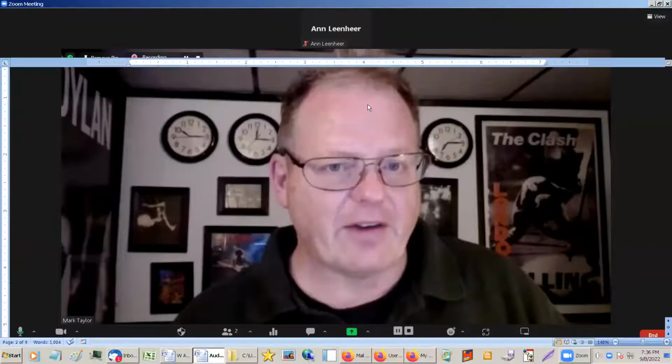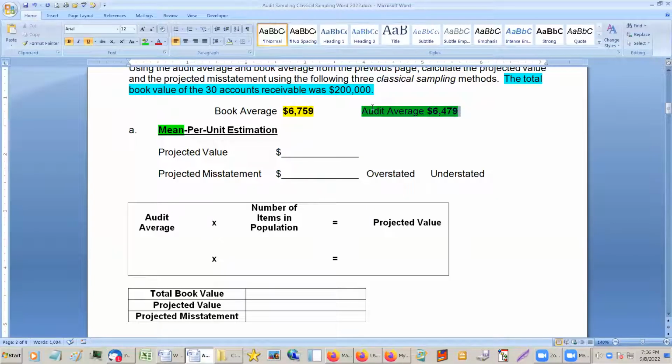And this is true in all auditing, whether for financial statements or whatever: the information you get from your own calculations, your own observations, is more persuasive than someone giving you something or telling you something. So what you do is use the most persuasive evidence. In other words, this audit average is more persuasive than this book average.